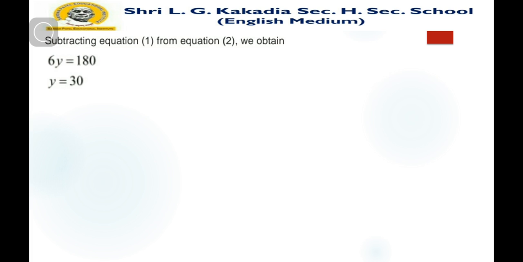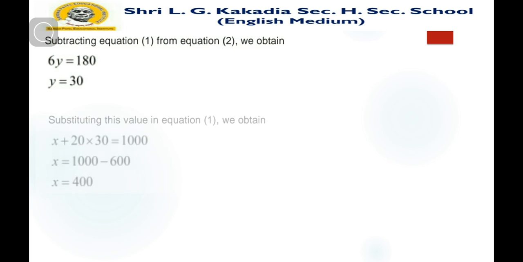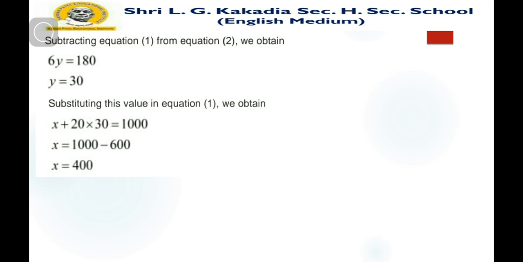Subtracting equation 1 from equation 2, we obtain 6y is equal to 180, then we get y is equal to 30. Substituting this value in equation number 1, we obtain x plus 19 into 30 is equal to 1000.